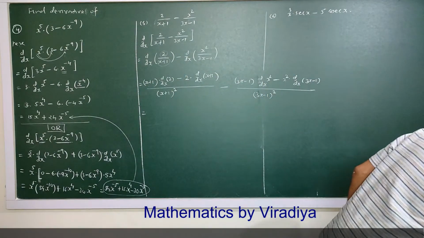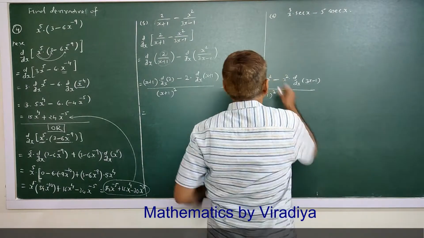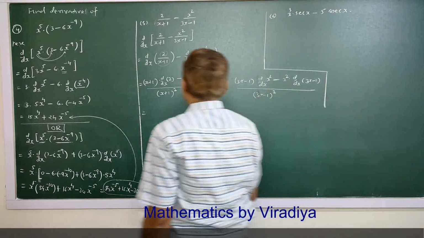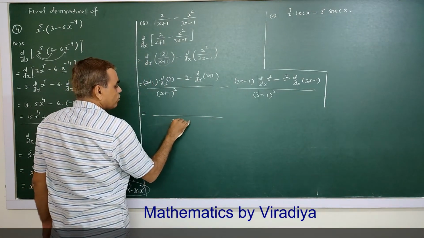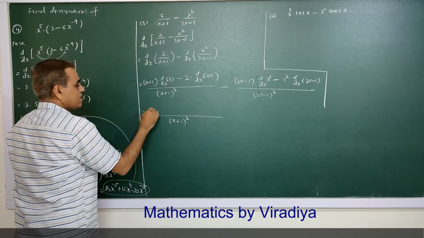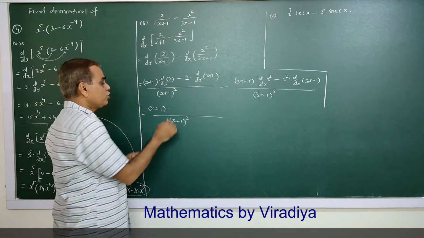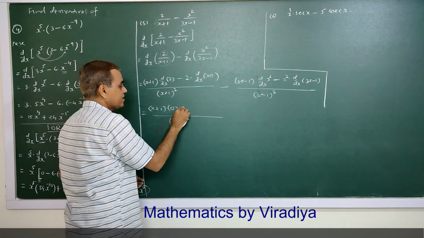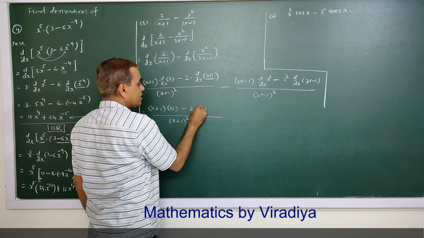So that is equal to, now putting values, over x plus 1 whole square, x plus 1 into the derivative of 2, which is 0, minus 2 into the derivative of x plus 1.